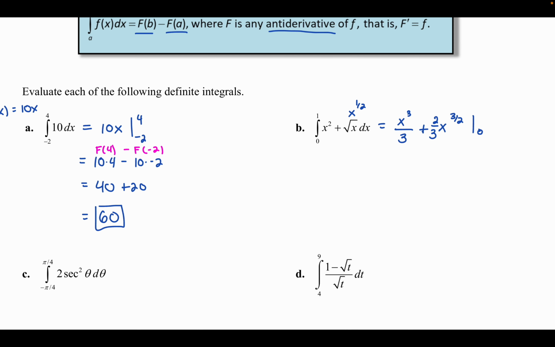We evaluate it at 0 to 1. So we plug in 1 first: 1 over 3 plus 2 over 3. Then we subtract off what we get when we plug in 0, which is just 0. If you add this up, you get 3 over 3, which is 1.